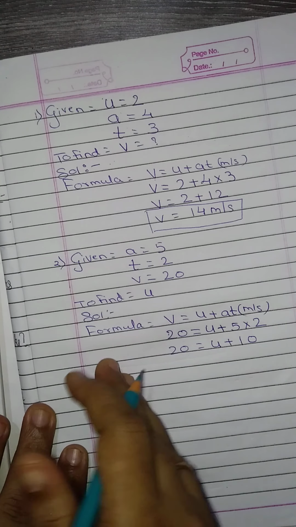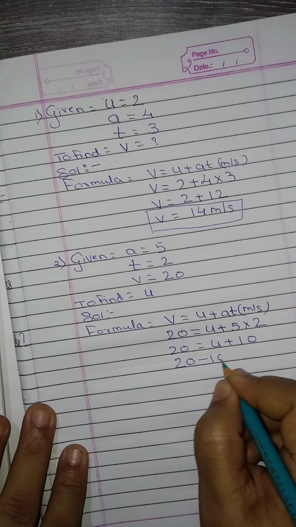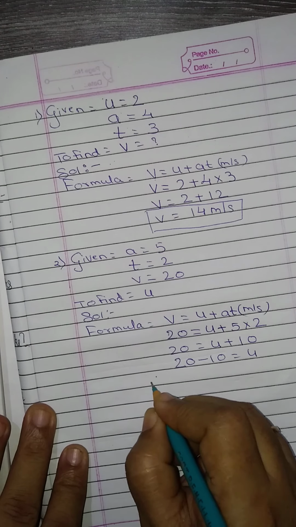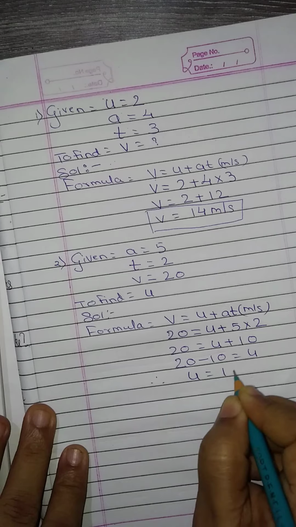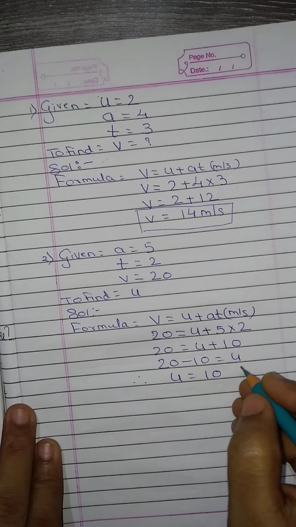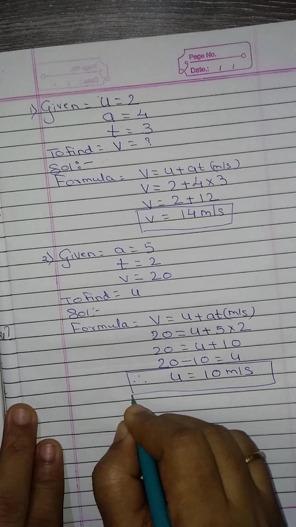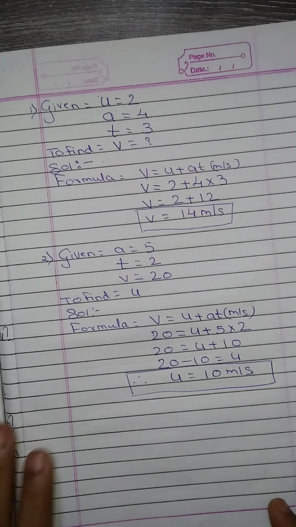Now take this one here, so 20 minus 10 is equal to U. Therefore, U is equal to 10. 10 what? What is the unit here? Meter per second. So, we will write here meter per second. This is our answer. The answer is 10.